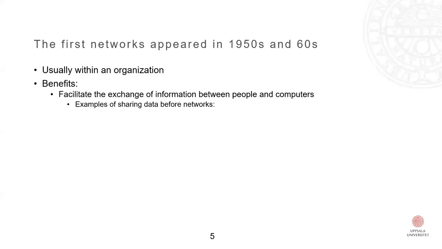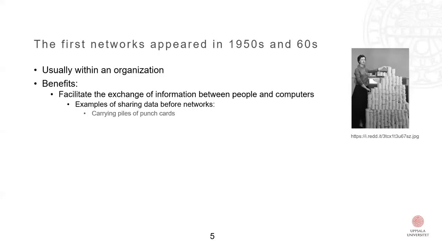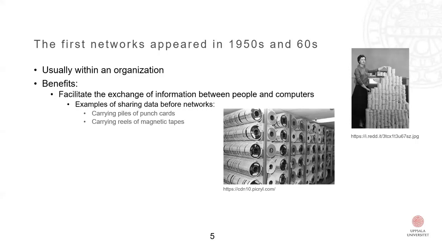Because before the emergence of computer networks, sharing data would be done, for example, by physically moving memories, for example moving piles of punch cards or reels of magnetic tapes that contain the data. And obviously, this is not easy at all. If it happens that your punch cards fall on the floor, then you have to collect all of them. You might need to sort them in the correct order. This was not easy at all.